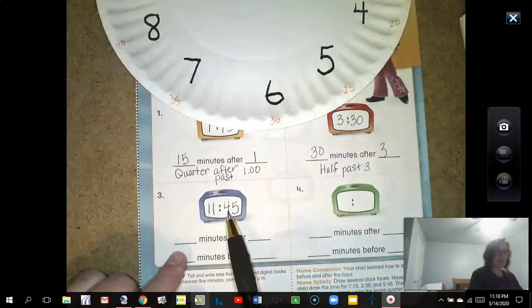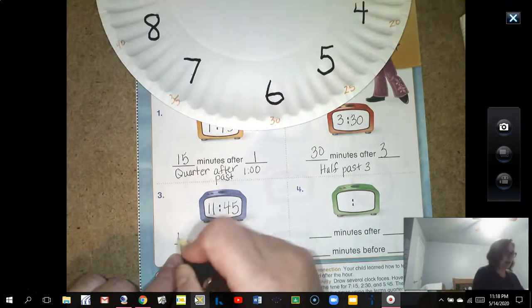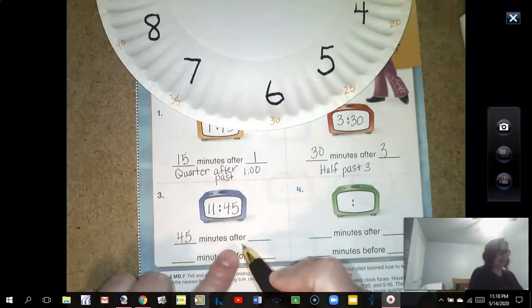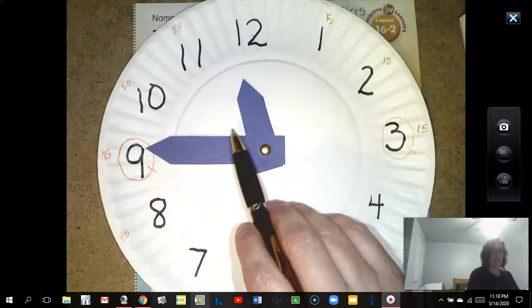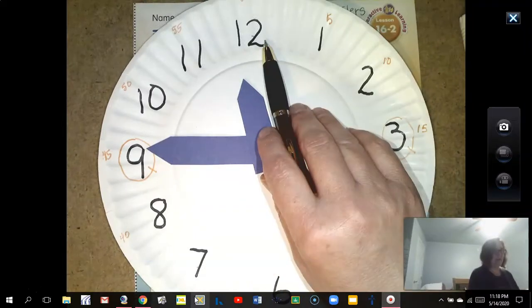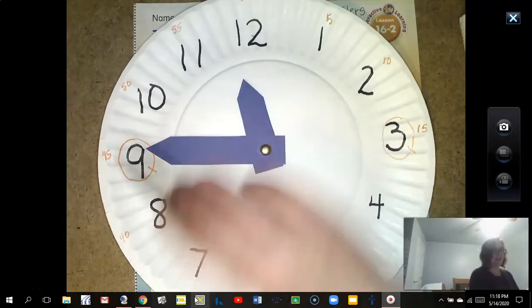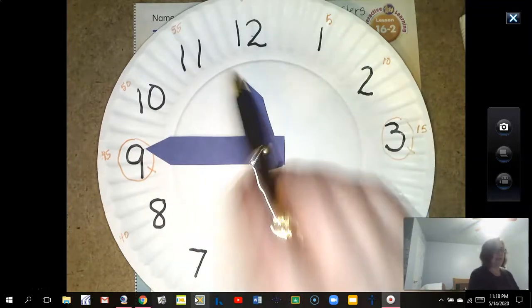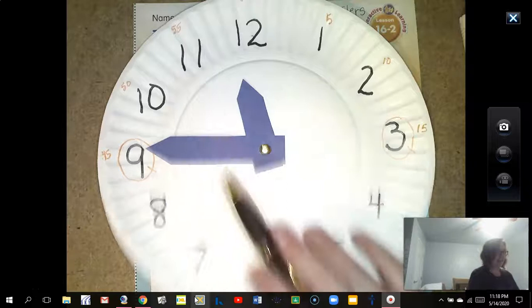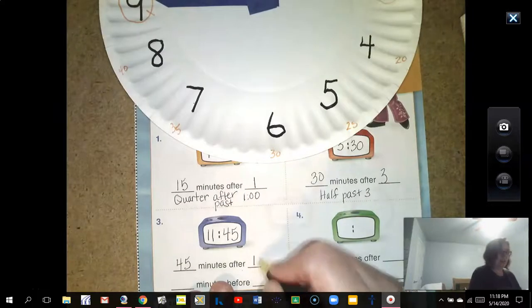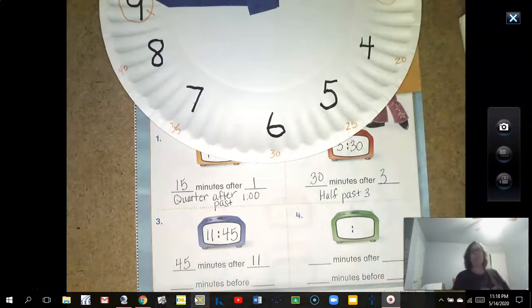Or we can look here. How many minutes? So 45 minutes after, well, what's the hour up here? It's not 12 yet. It looks like it's getting pretty close to 12, which it is. It's only 15 minutes till it gets to 12, but it's still 11. So 45 minutes after 11.